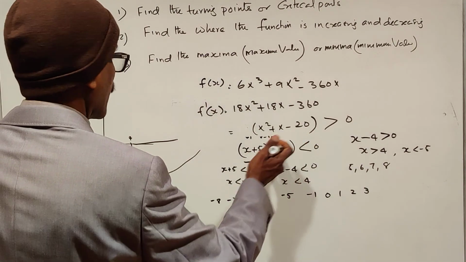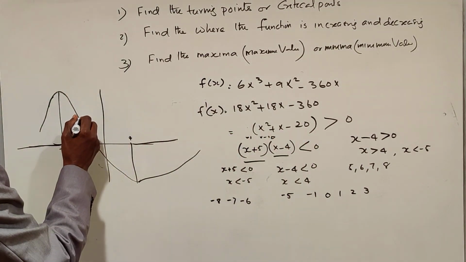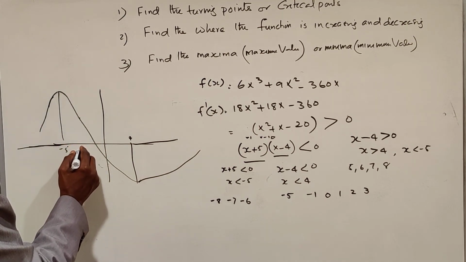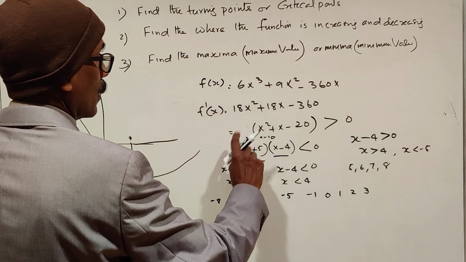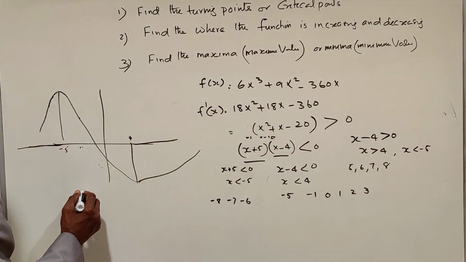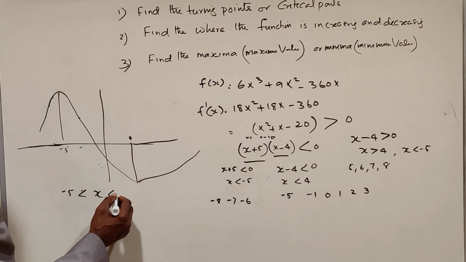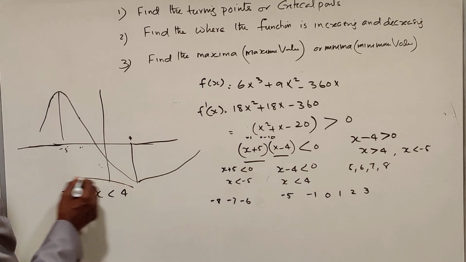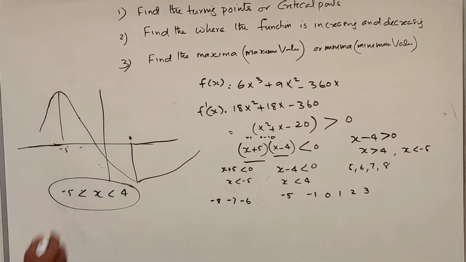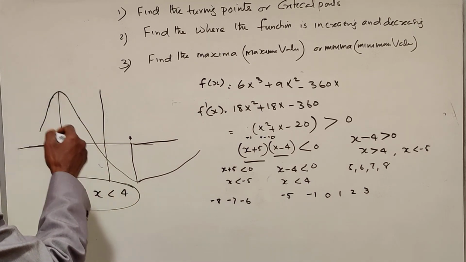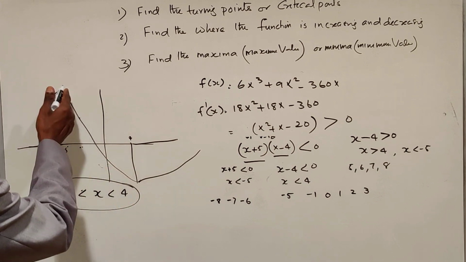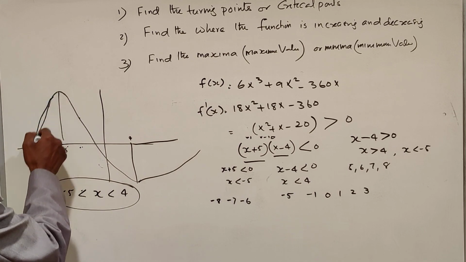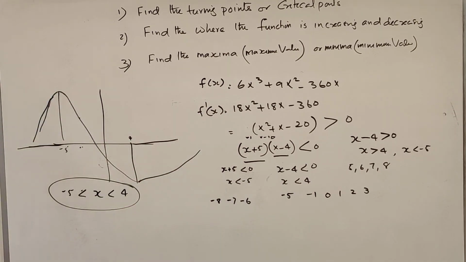So you get a negative number. In between any point, say negative 3, this is negative, positive. So when x lies in between negative 5 and 4, the function is decreasing. In between here, the function is decreasing. These two portions, the function is increasing.